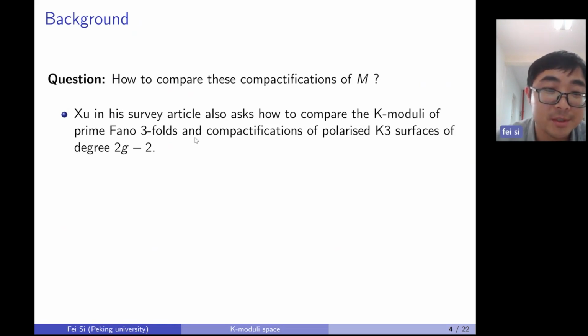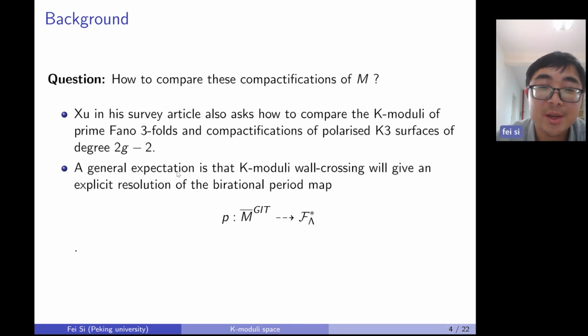Actually, there is a general expectation for these questions. We hope that K-moduli wall crossings will give an explicit resolution of these two compactifications, because in this case we have a natural period map. For a smooth K3 surface, or a smooth object, you can associate a period point that lives in these compactifications.